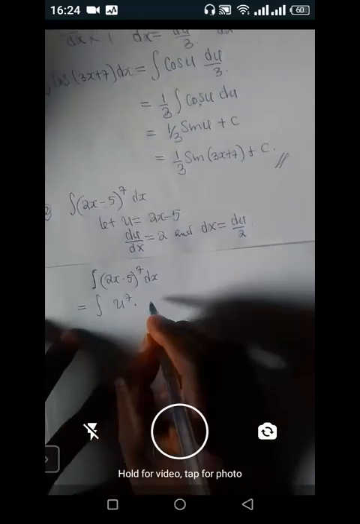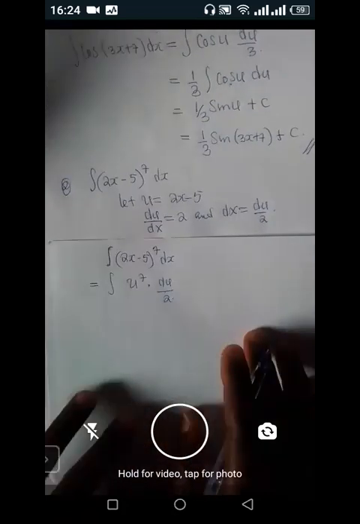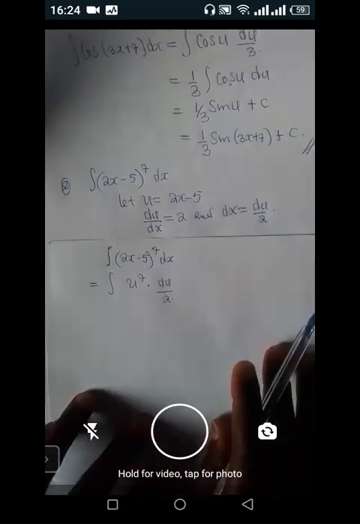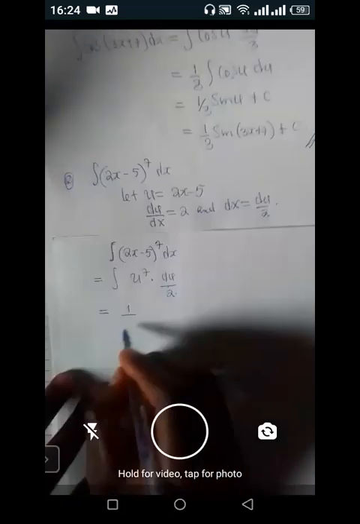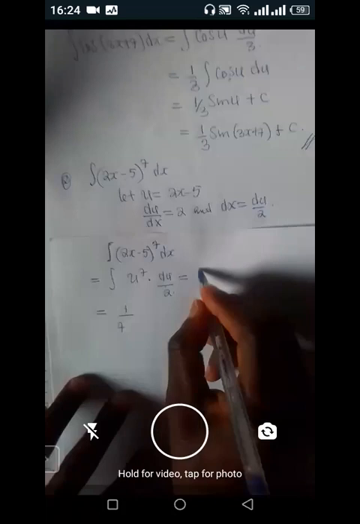And then that becomes easy. You can integrate from there. But let's simplify this one. This one is equal to 1 over 2 times the integral of u to the power 7 du.